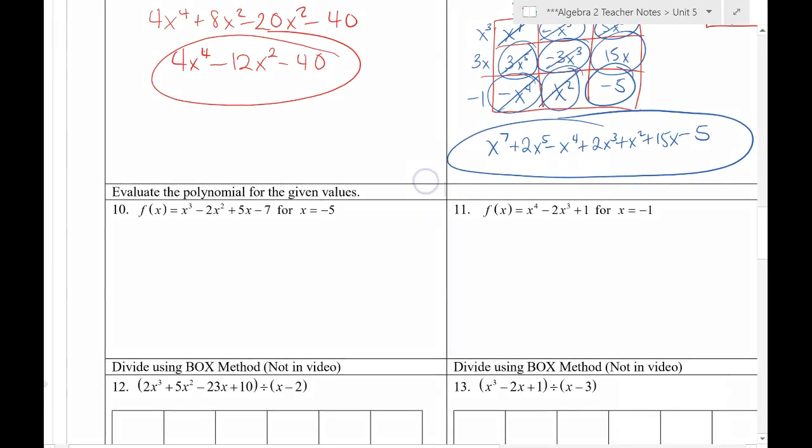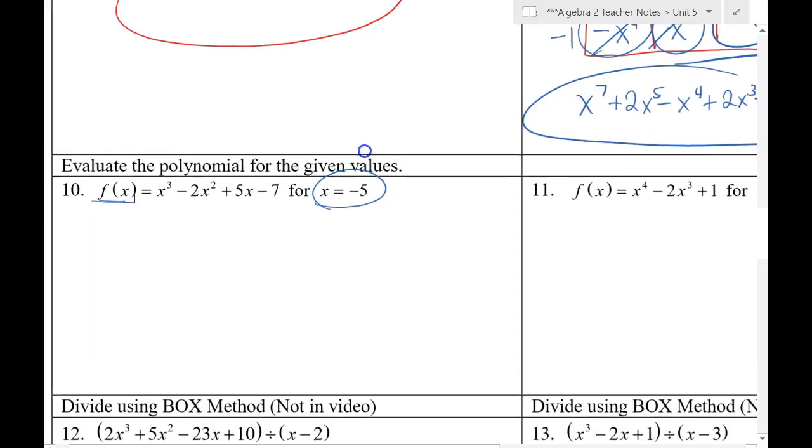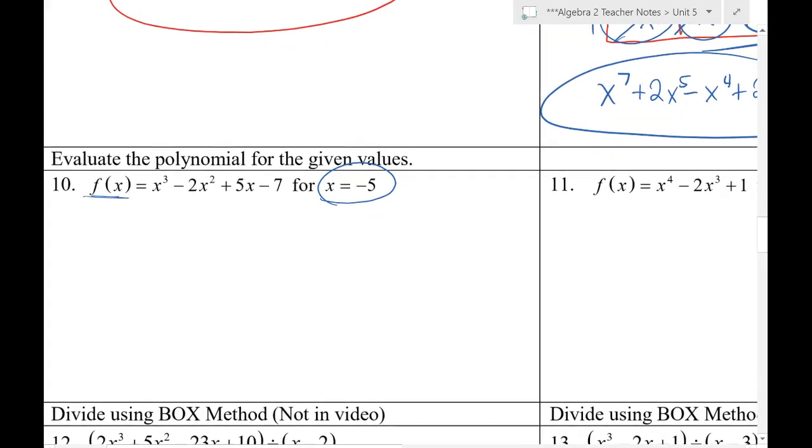Now evaluate the polynomials given the values. Now again, you guys remember, when you're evaluating, you're just plugging in this number and seeing what is the result or the value after you plug in negative 5. So I'm going to show you the way that we've always learned, which is substitution. So which is basically just plugging it in to wherever there's an x.